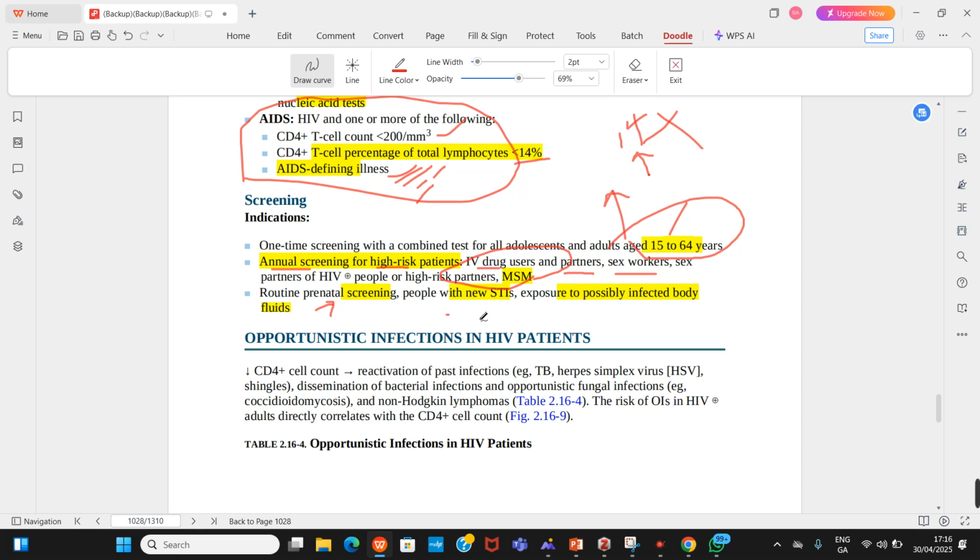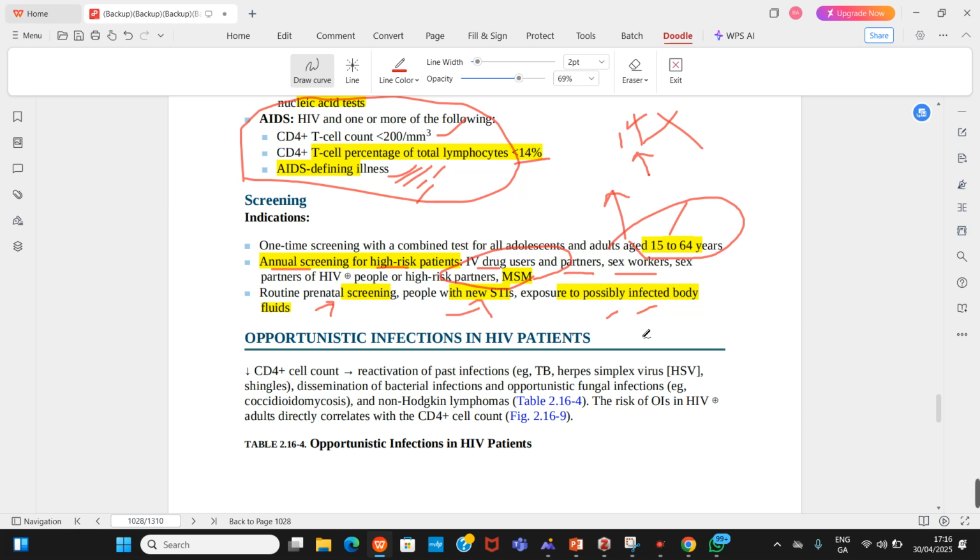People with new STIs, we have talked about this. So somebody is newly diagnosed with syphilis, newly diagnosed with chlamydia. The best next step, check for HIV. You get exposed to infected body fluid, mistakenly got splashed with blood from someone with HIV. Immediately screen. Immediately give them the post-exposure prophylaxis.